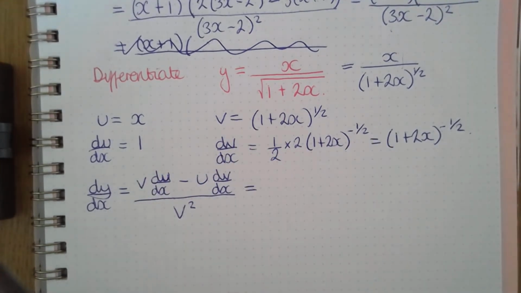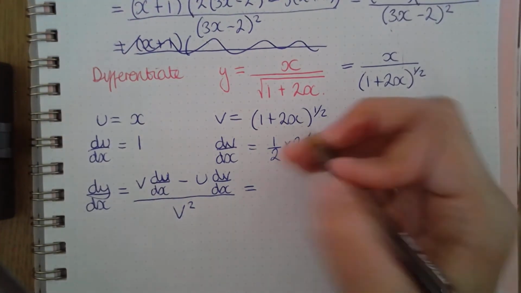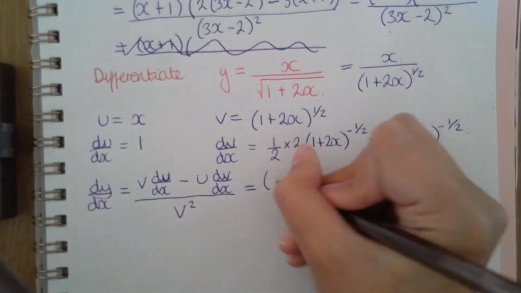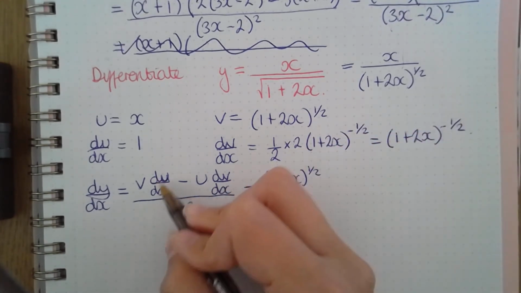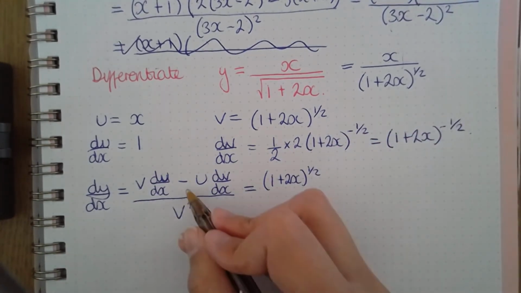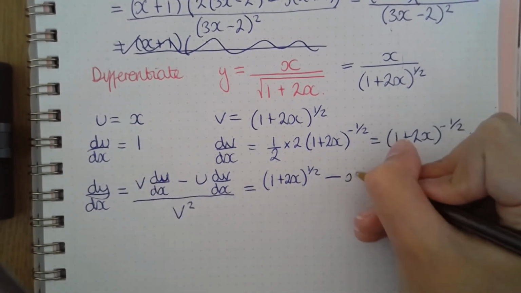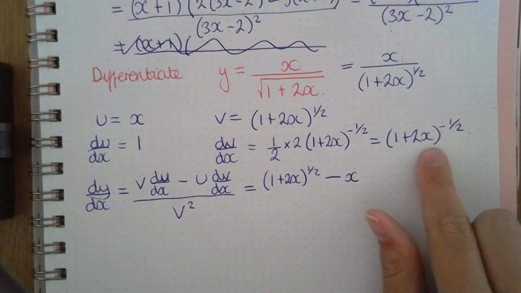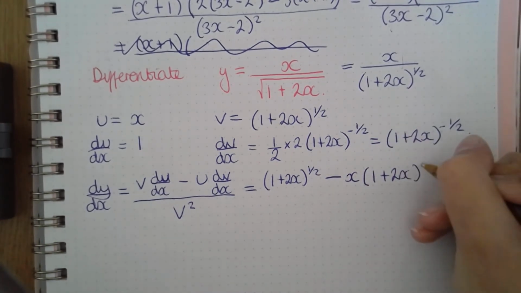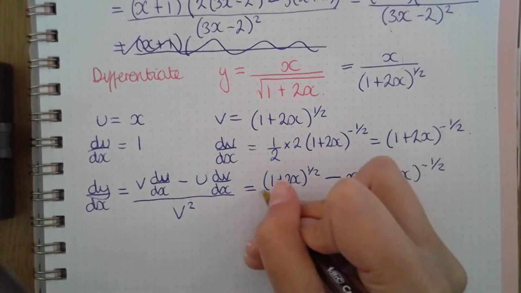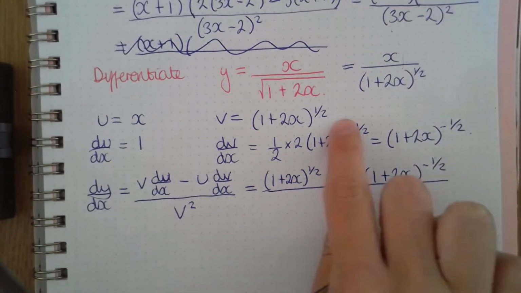And then I'm going to start to substitute them in. So v is 1 plus 2x to the power of a half. My du dx is just 1, so I don't need to worry about that. Take away u is x, and dv dx is this, so 1 plus 2x to the negative a half, all over v squared, which is this.